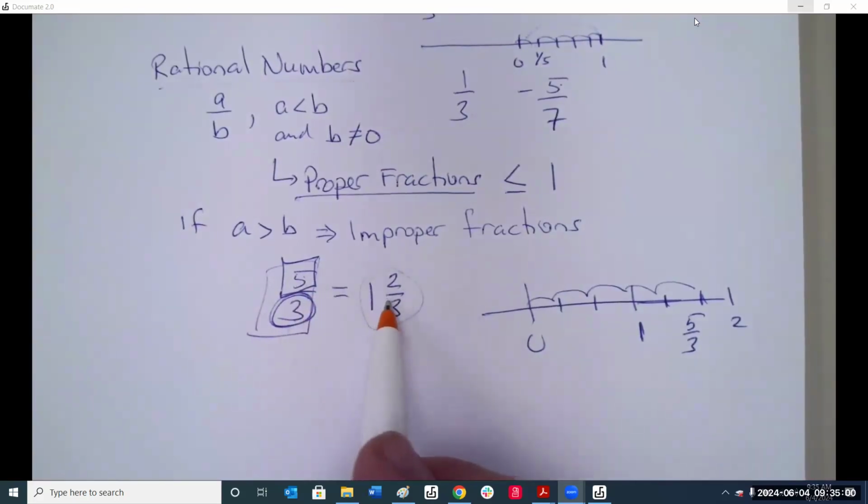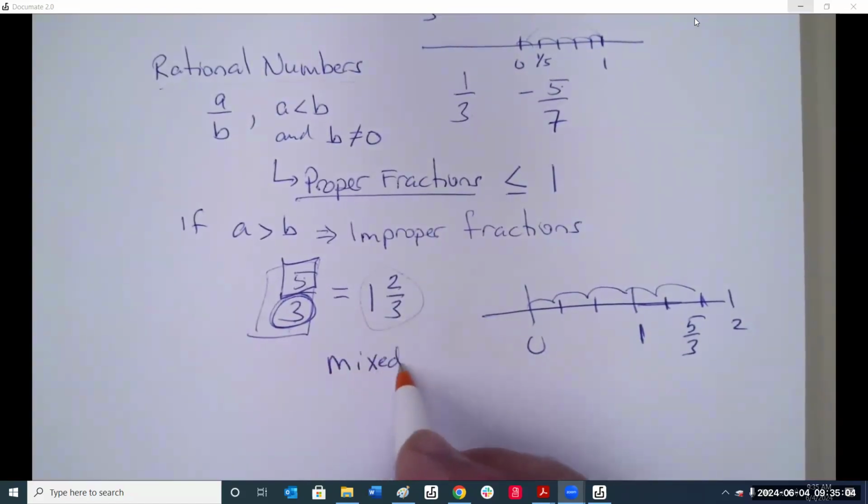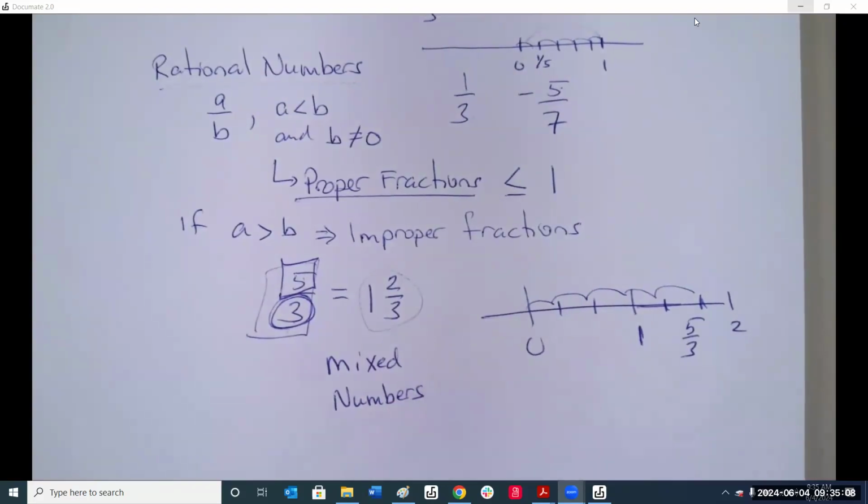We convert them to these type of numbers, which are called mixed numbers. Why are they called mixed numbers?